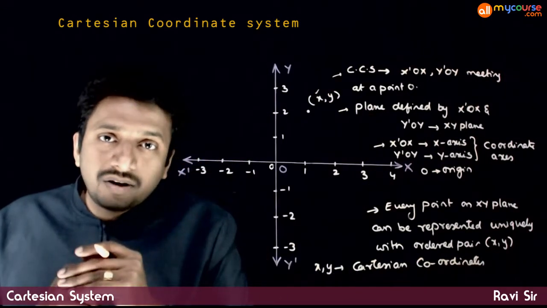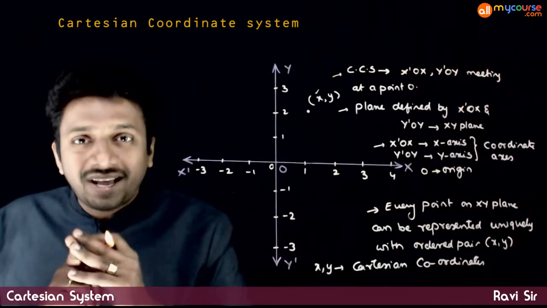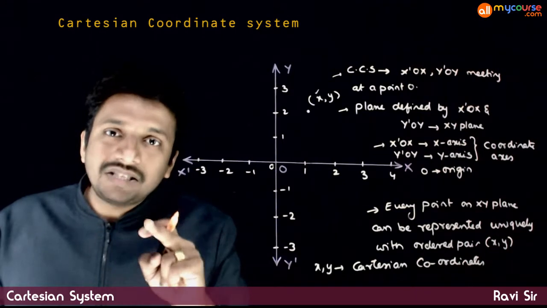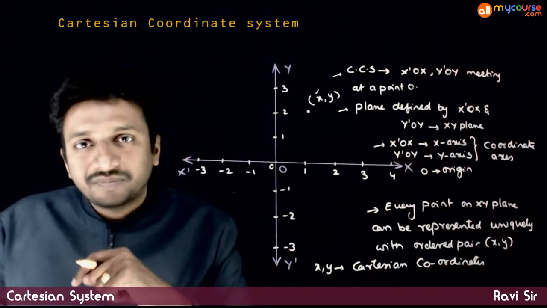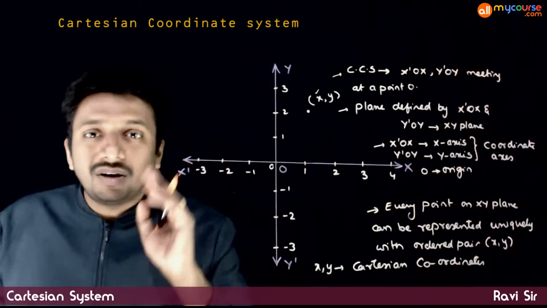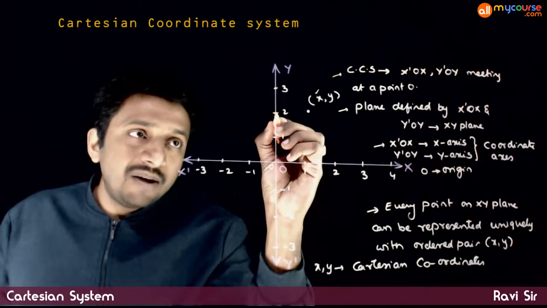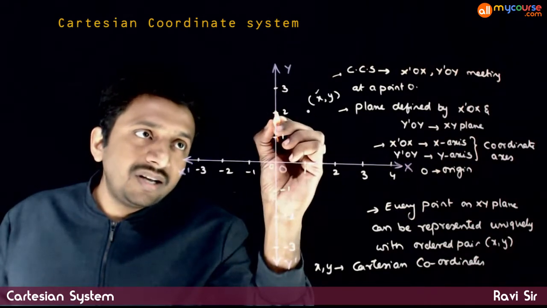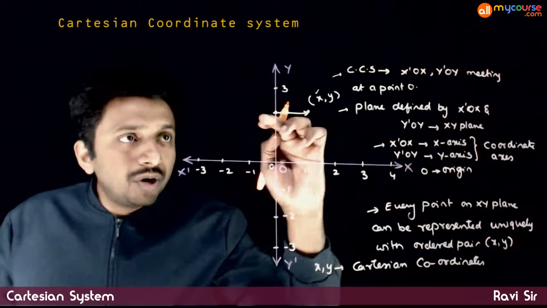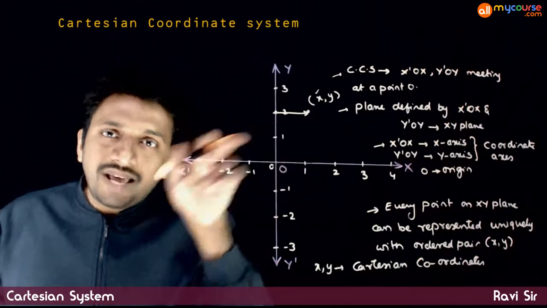The definition of the x coordinate is the distance of the point from the y-axis measured in the direction of the x-axis. That is, you go from the y-axis and measure the distance of this point from the y-axis in the direction of the x-axis. You should not go in any other direction. You should go in the direction of the x-axis.